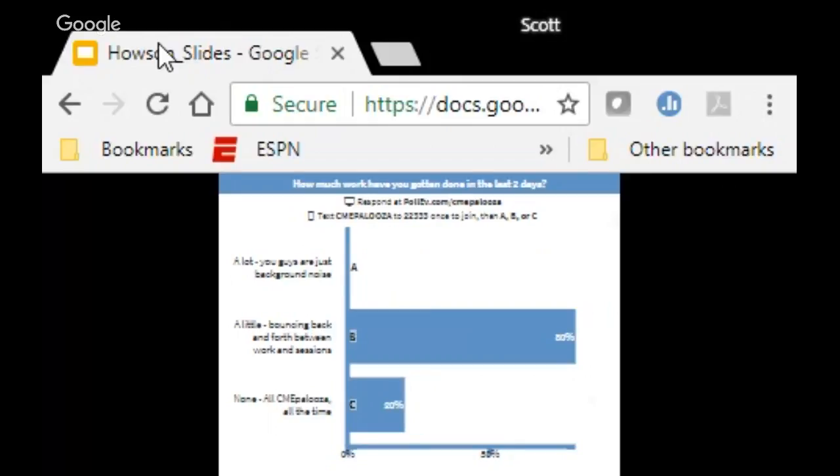Ladies, what are your thoughts? How much of these sessions have you actually been able to catch during the last 2 days? Alex, you want to offer your thoughts first? Not as much as I'd like, but I archive things, so I know I'm going to get to sessions eventually. Okay. All right. So it looks like most people sort of bounce back and forth. So at least we're not background noise for a lot of people, which is good.